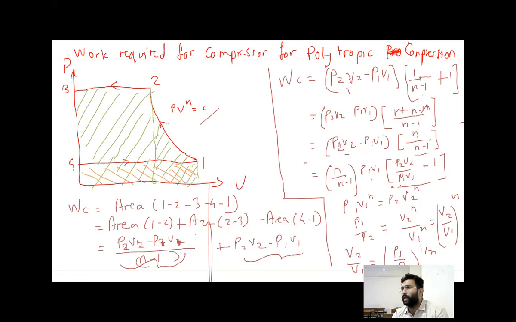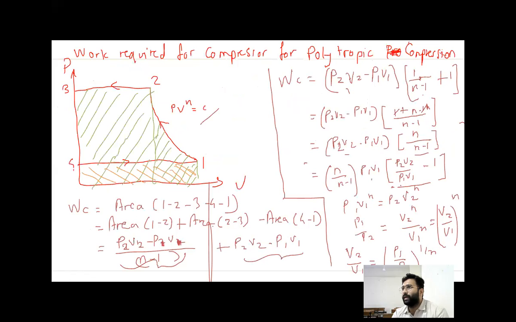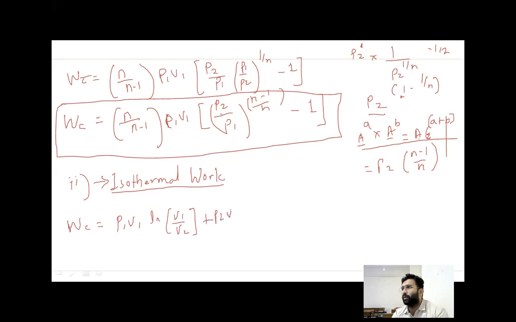That is the only change we have to make here. Then the remaining is the same, plus P2 V2 minus P1 V1.